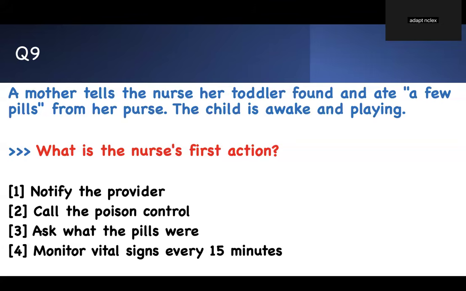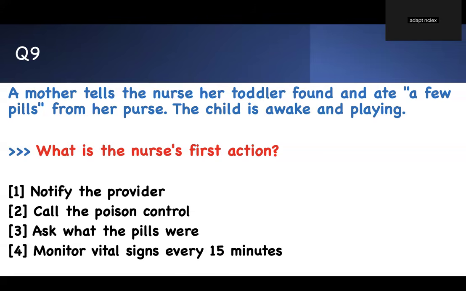The next one: a toddler found and ate a few pills from a purse. The child is awake and playing. What is the first action? Step back. Once again, you can see this is all common sense. The kid took my purse, took some pills and ate them. But what is the kid doing? Awake, just joking around. What would you do? Common sense.